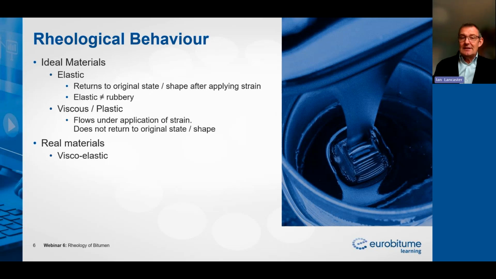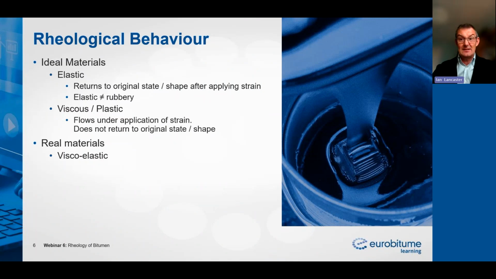As I said, these materials don't exist in real life, but if you wanted to find a material that was almost completely elastic, then you find that in a material like quartz. So what about viscous materials? They're the opposite extreme. These materials flow when a strain is applied, and when the strain is removed, they don't return to their original shape.